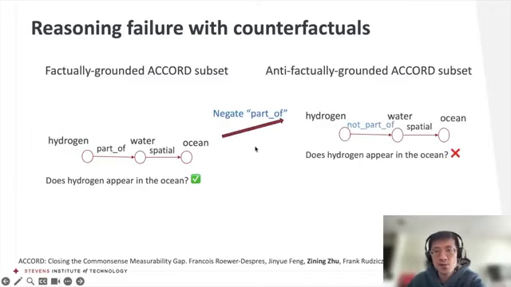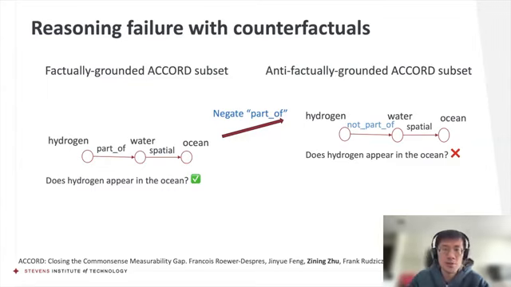So if we perturb part of, hydrogen, effectively we are imagining a counterfactual world where hydrogen is not part of water. And when that happens, we cannot deterministically say that hydrogen appears in the ocean, because the ocean is full of water, but hydrogen in that world would not be part of the water.